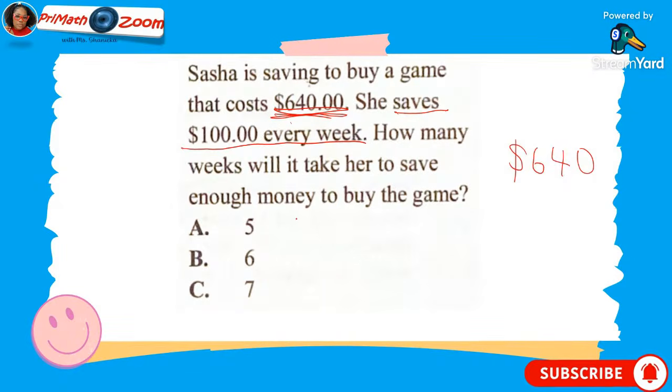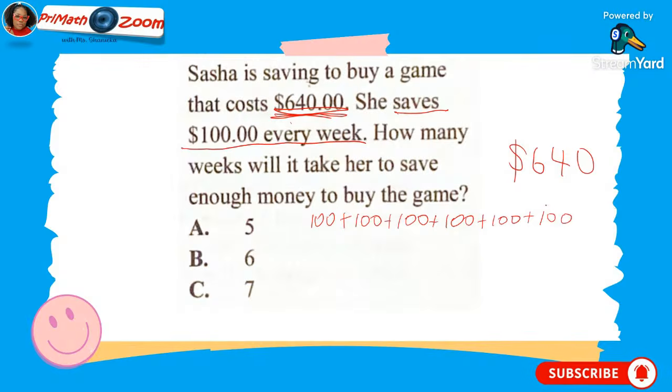Definitely. Week 1, she would save $100. Week 2, $200. Week 3, $300. Week 4, $400. Week 5, $500. Week 6, $600.